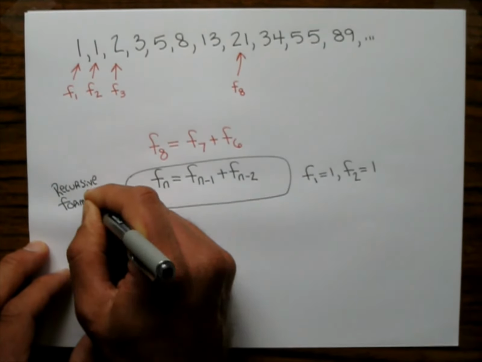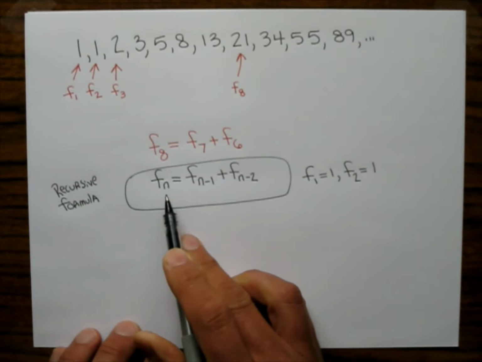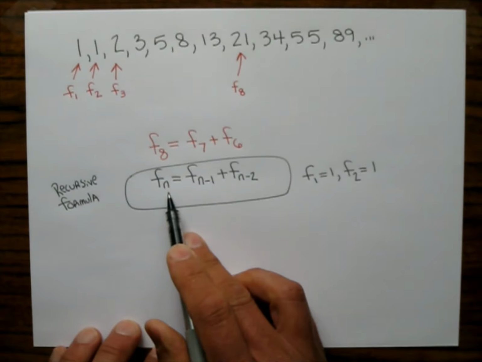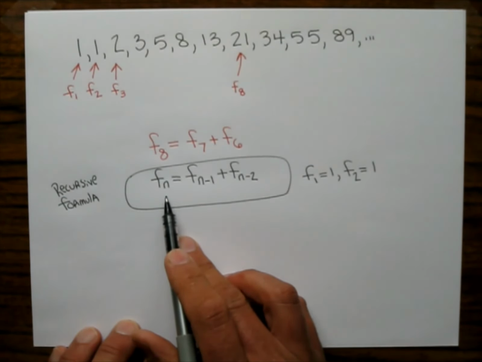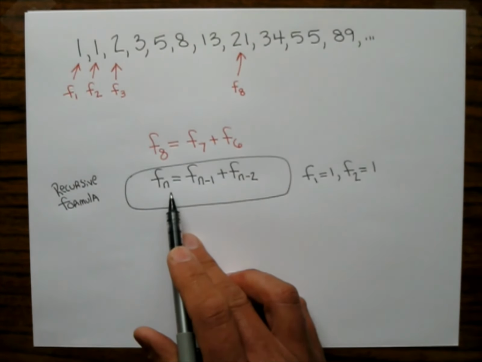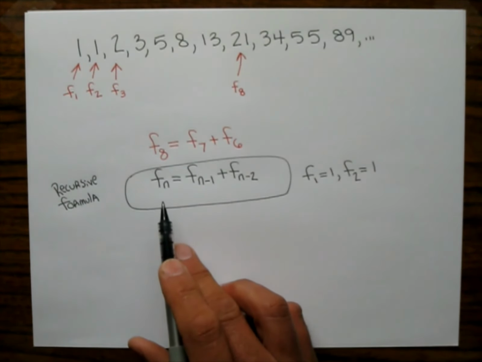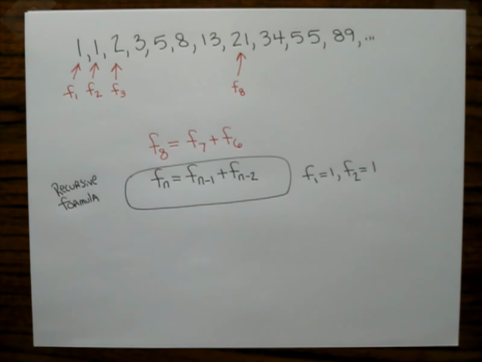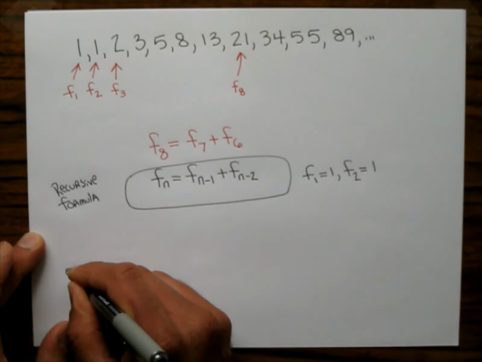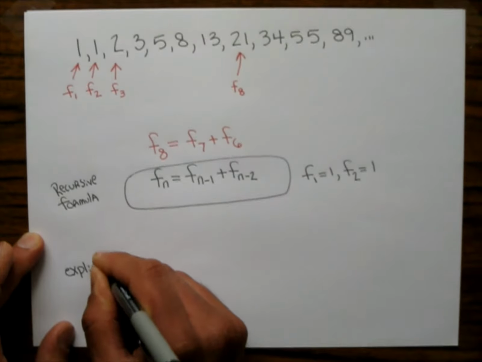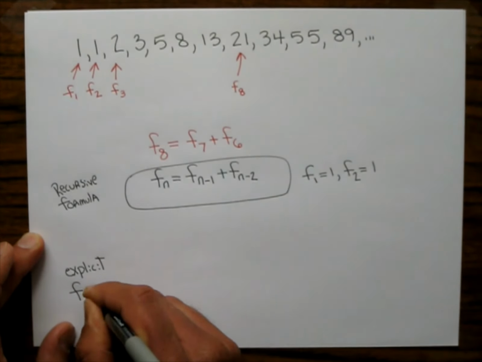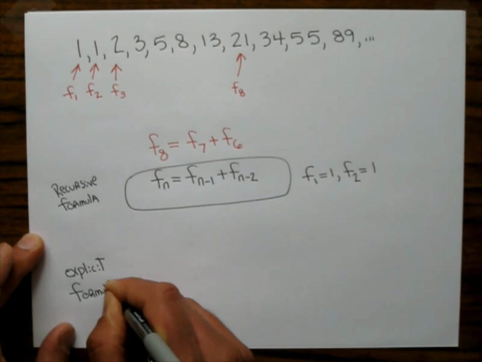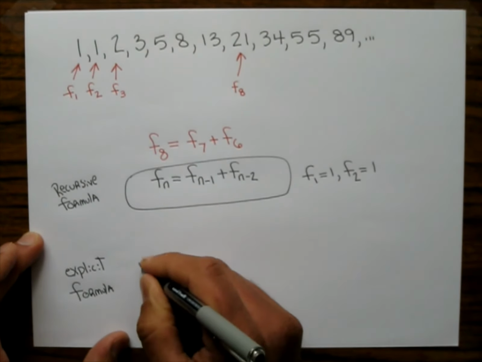The problem with this formula, so this is called a recursive formula, is that it's a great formula, but if you want the 100th Fibonacci number, you've got to write the first 99 Fibonacci numbers so you can then compute the 100th. So is there an explicit formula for the Fibonacci numbers? And the answer is yes. So the explicit formula will give us whatever Fibonacci number we want.